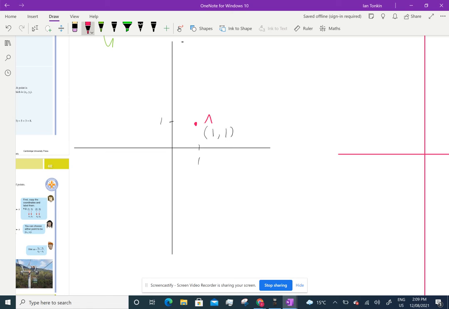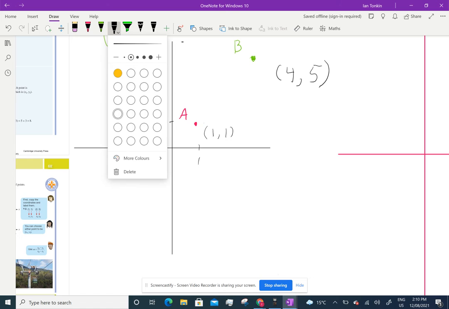By the way, I'll call that point A. I shouldn't have put the A there because I'm going to be drawing a triangle, so I'll put the A above it. 1, 1. And let's go another point, and we'll call it point B. Let's say it's 4 and 5, which means it's 4 across and 5 up.